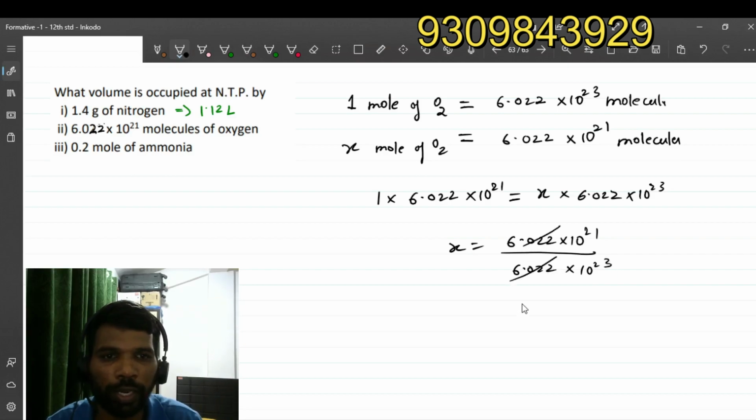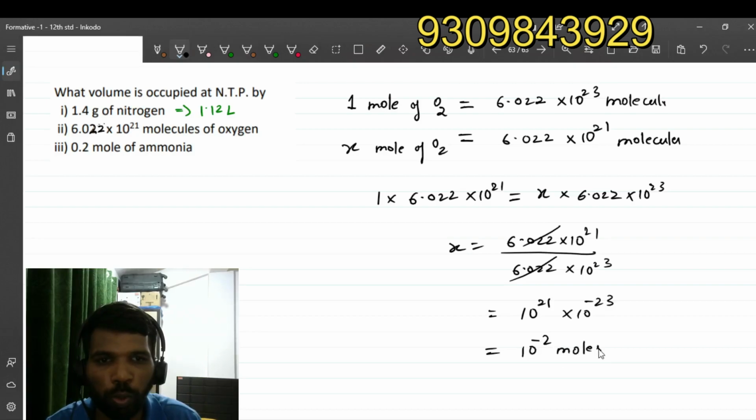This and this get cancelled. 10 raised to 21, when it goes to the bottom, becomes 10 raised to minus 23. So this is 10 raised to minus 2 moles, right? So these many moles.